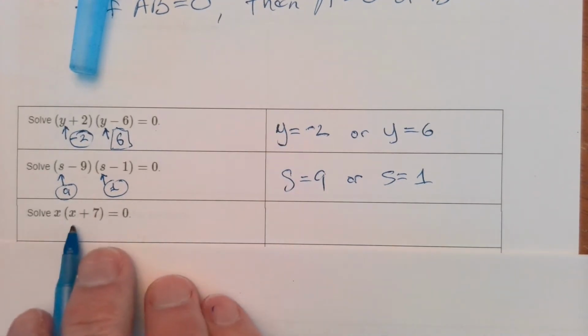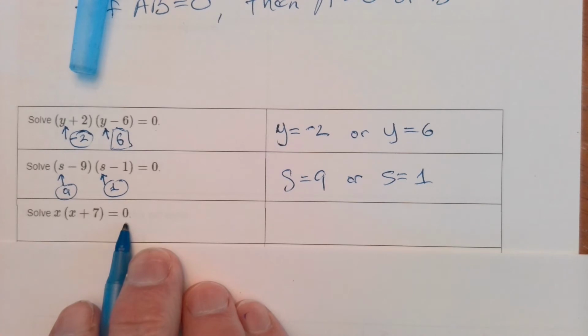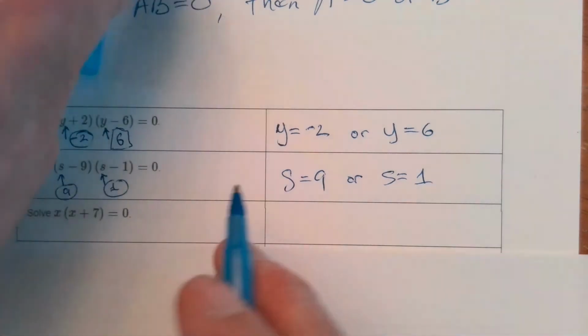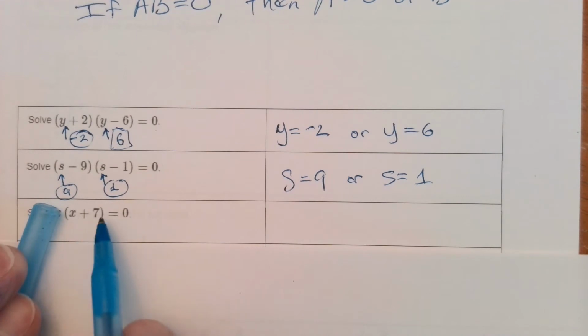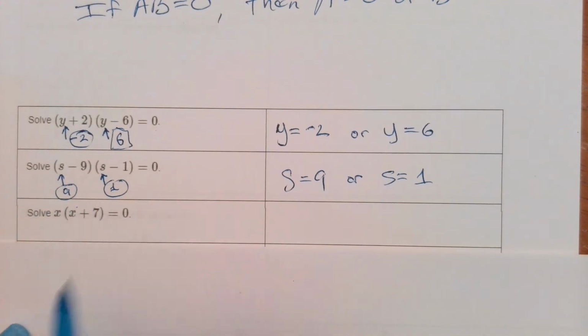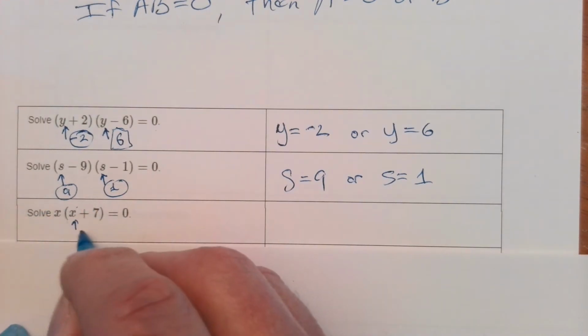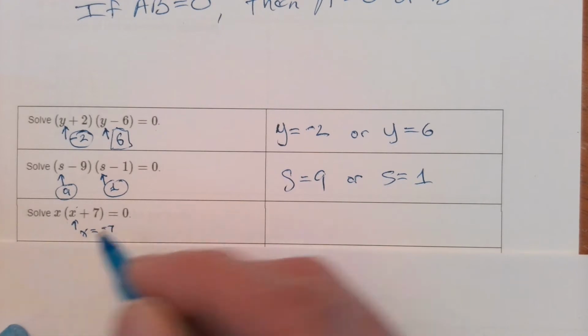Now, this could be making the 0 over here because you have a negative 7 where that x is. Negative 7 plus 7 is 0. And so you'd have 0 here times negative 7 there, and you get 0 for an answer. So there's one of your answers. X is negative 7.